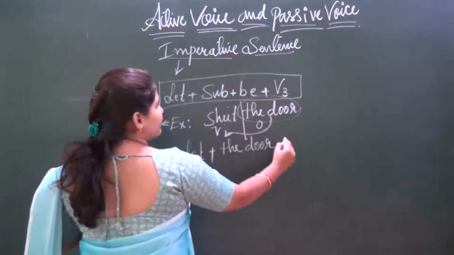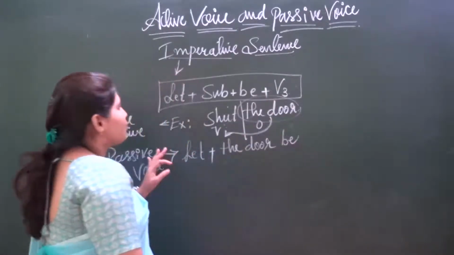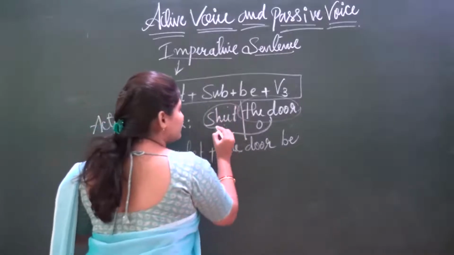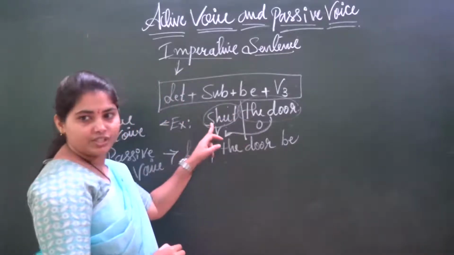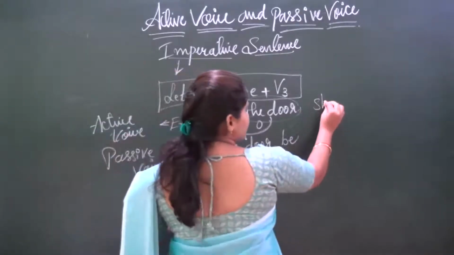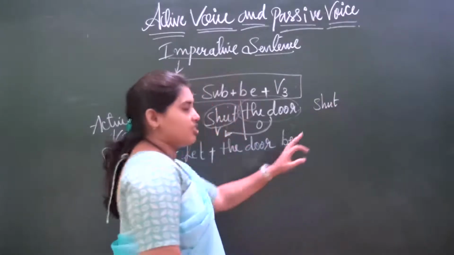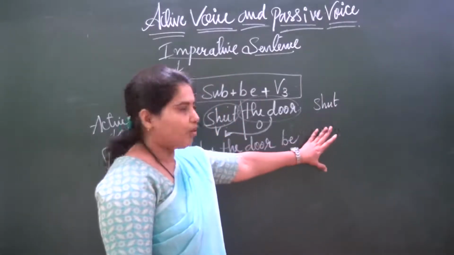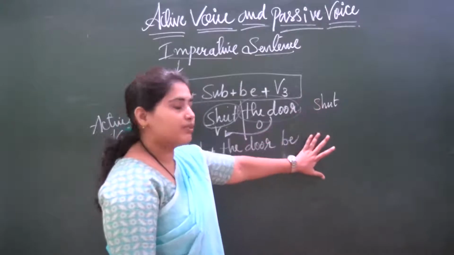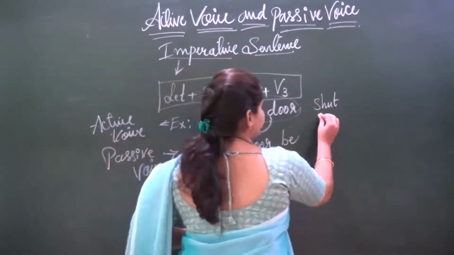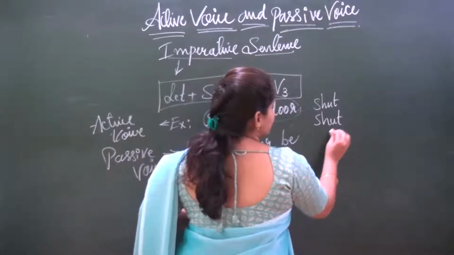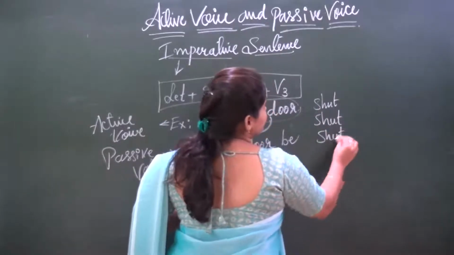Let the door be... What is the third form of the verb of the word shut? Is it shutted, shuttle? No, not like that. The three forms of the verb shut are shut, shut, shut.